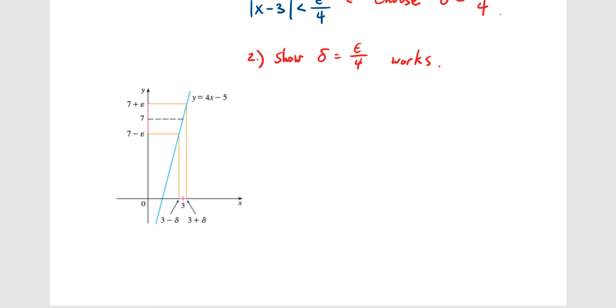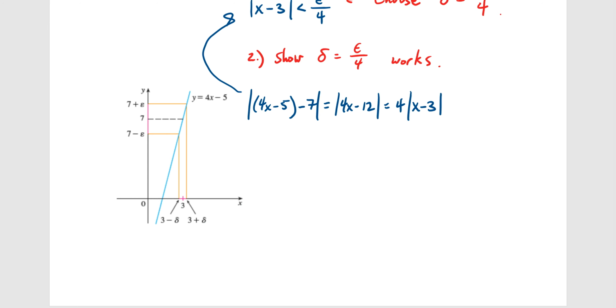To do that, we're going to do what we just did: start with the absolute value of the function minus the limit, and simplify it so it looks like right here. That's going to end up being 4x minus 12, and we factor out the 4, pretty much restating what we just did.